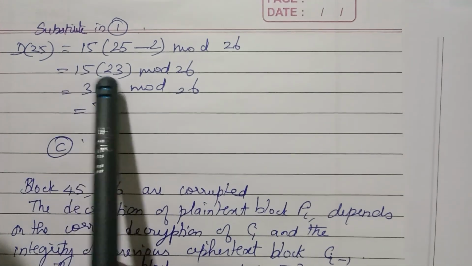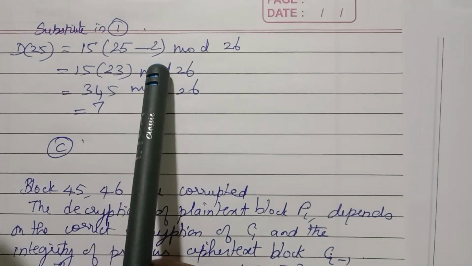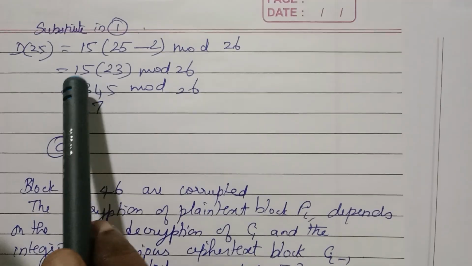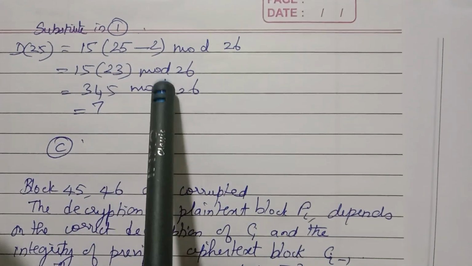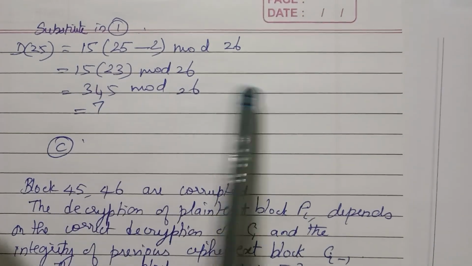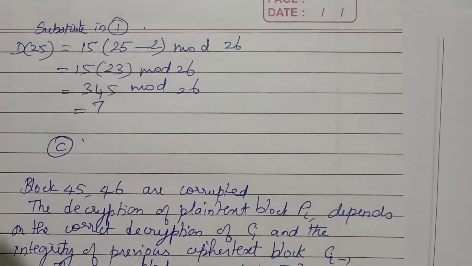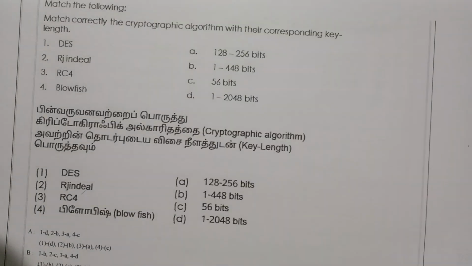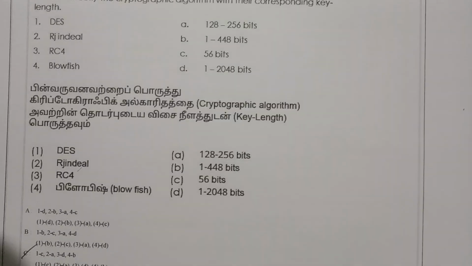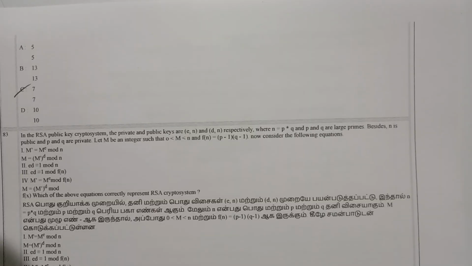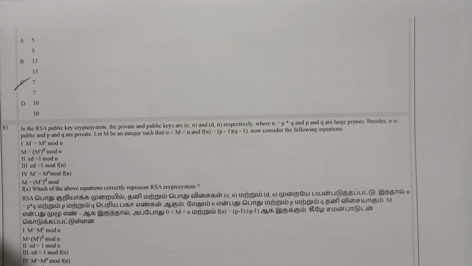So substituting, we have D of 25 equal to 15 into 25 minus 2 mod 26. So 15 into 23 mod 26. So 345 mod 26, if you find this value, it will be 7. So the correct answer for question number 82 is 7.